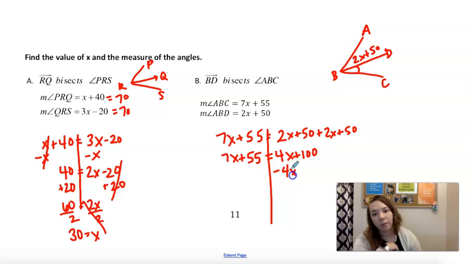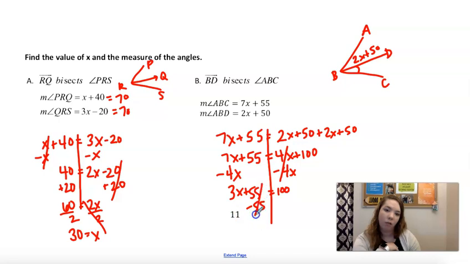Subtract 4x from both sides. We have 3x plus 55 equals 100. Subtract 55. You get 3x equals 45. Divide by 3, x equals 15.